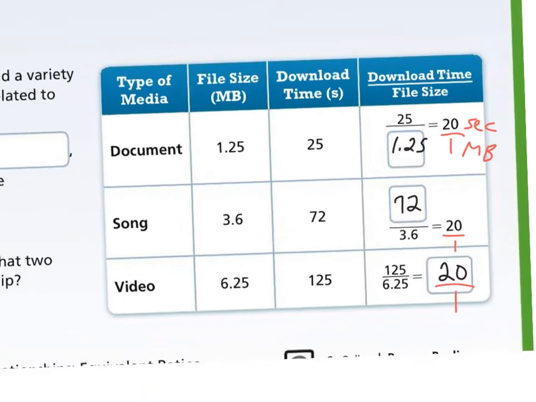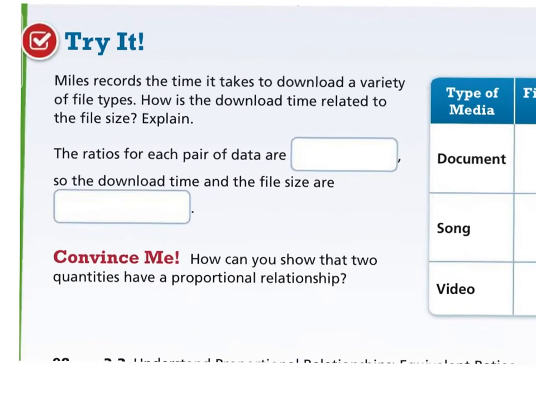So if we go back over to the side here, we can see the ratios for each pair of data are the same. Another word for that we could say is equivalent. So the download time and the file size, if the ratios are equivalent, we said that means they are proportional, or there's a proportional relationship.